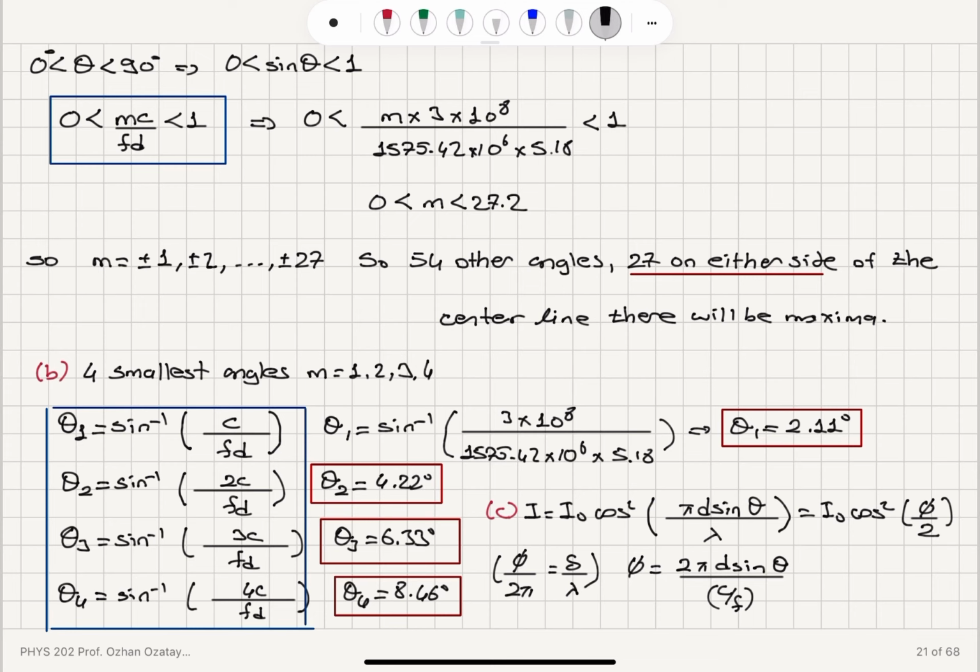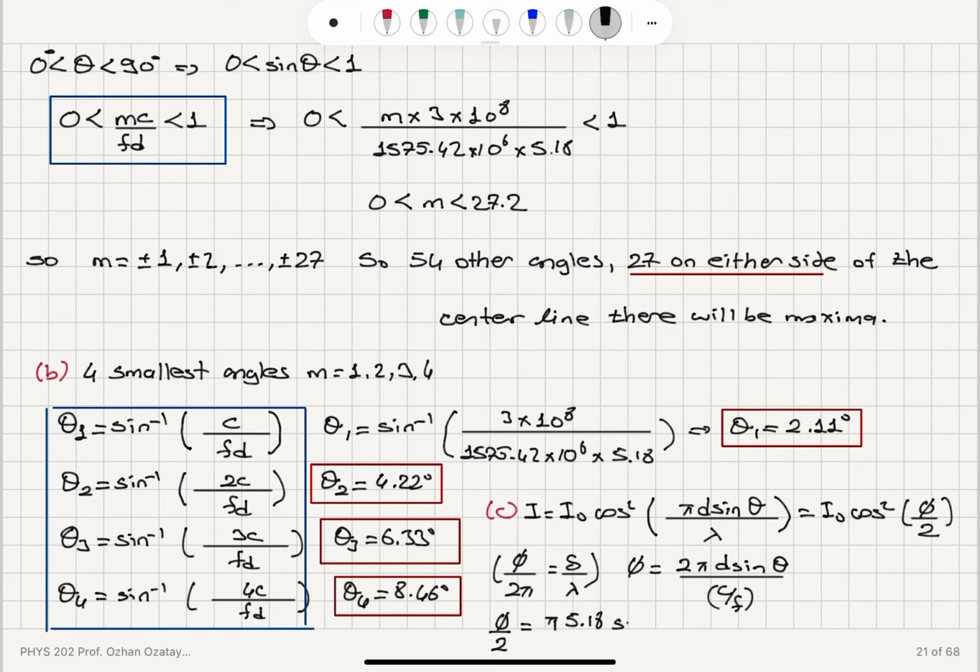So with that, for phase difference divided by 2, we can substitute the numbers here. So phi divided by 2 becomes pi, so that's going to be pi multiplied with 5.18 meters.